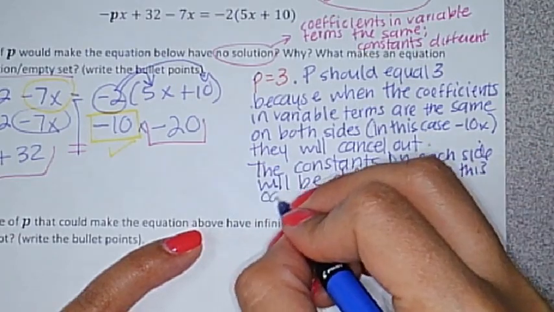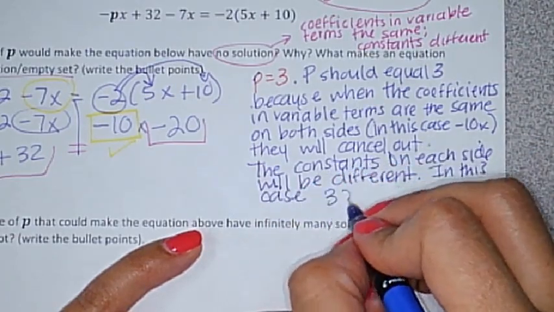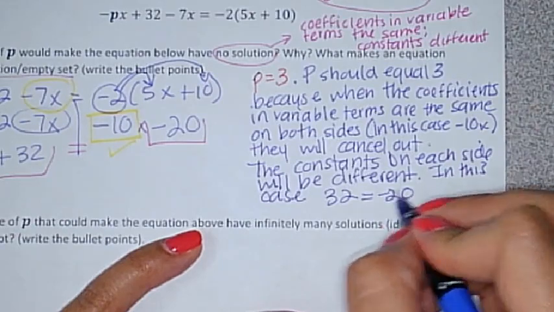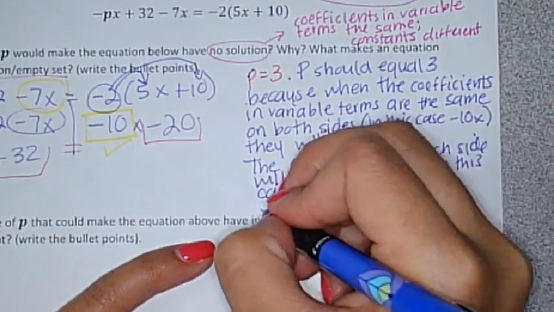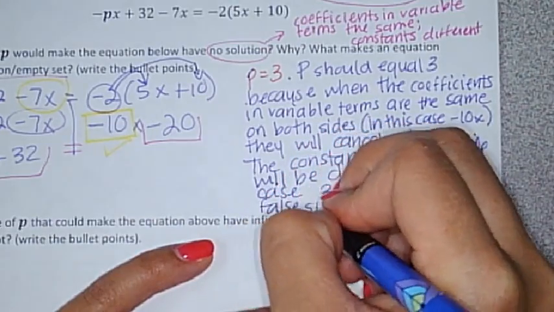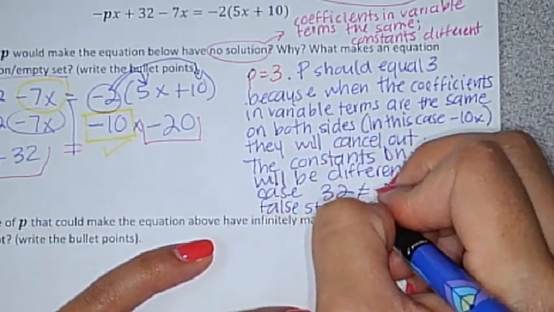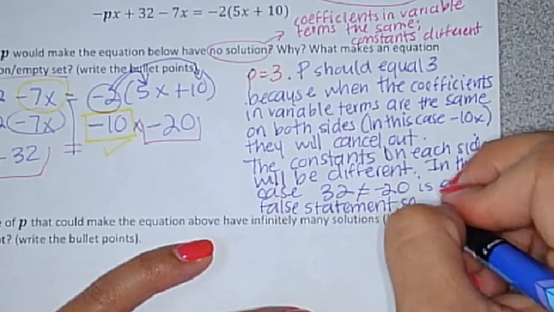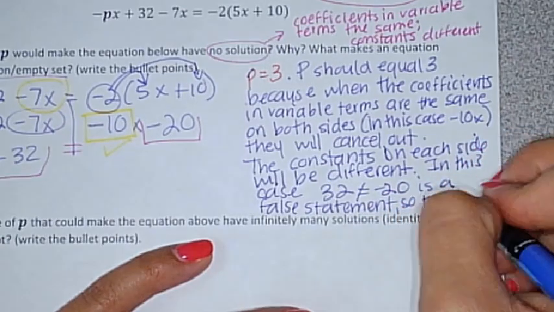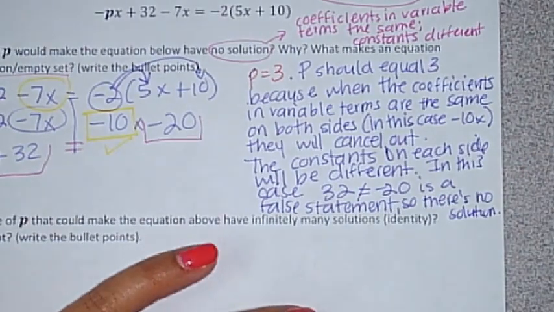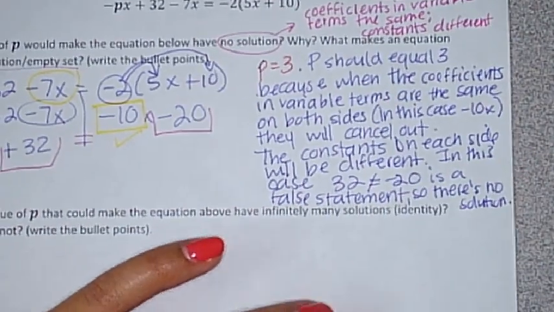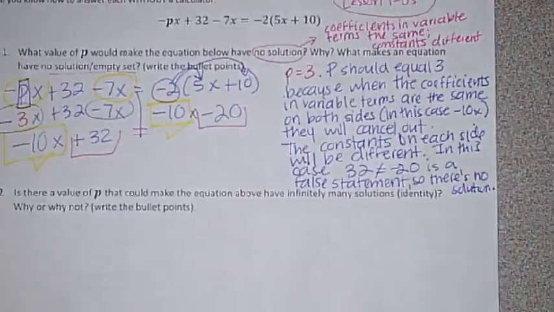Okay, in this case, 32 equals negative 20 is a false statement. So there's no solution. Or you can say it's a contradiction, so there's no solution. Okay, so something like that, or you can put in your own words as well.